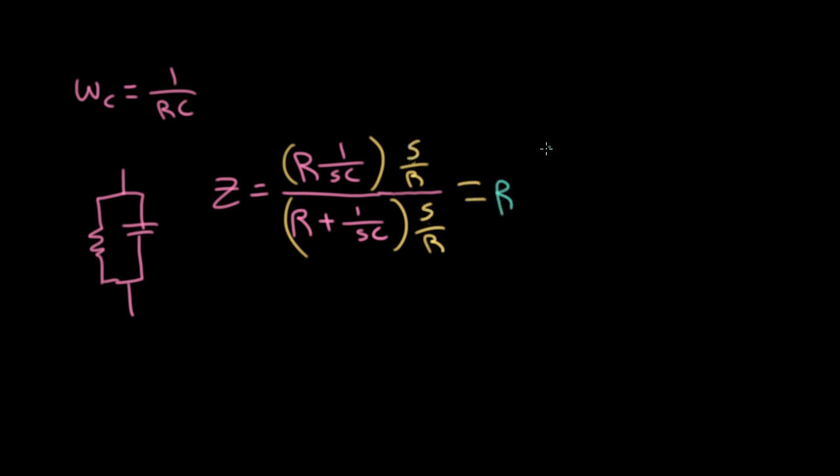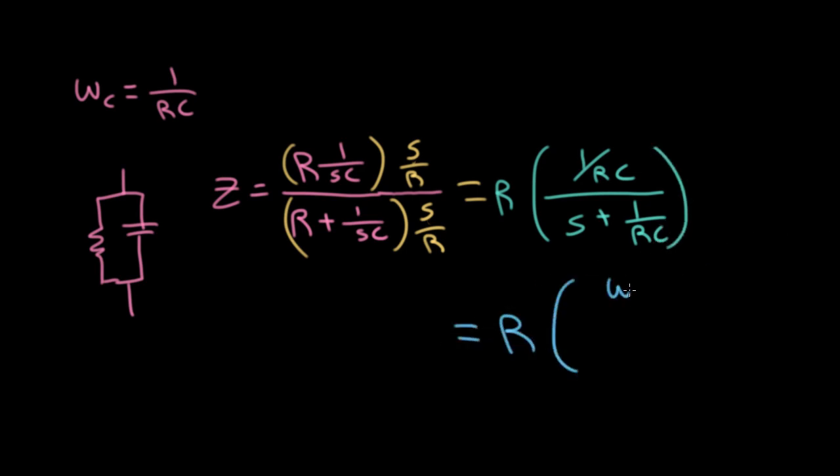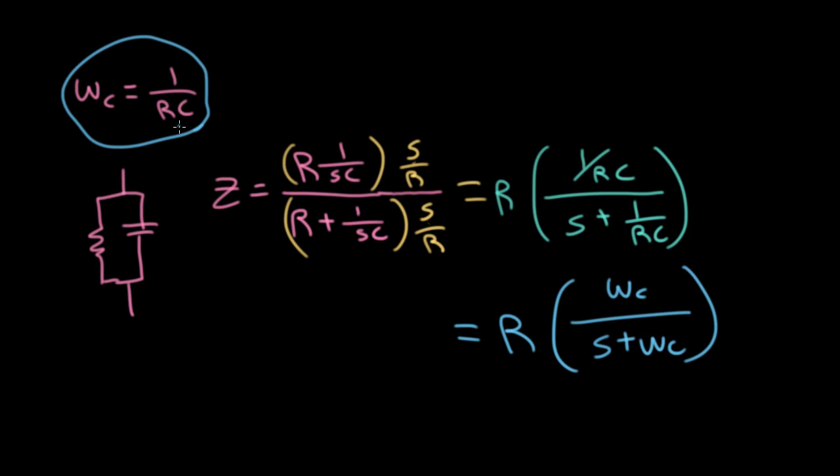So I could rewrite this as R times 1 over RC over S plus 1 over RC. And now that's just R times omega C over S plus omega C. So that's just using my definition, omega C equals 1 over RC.